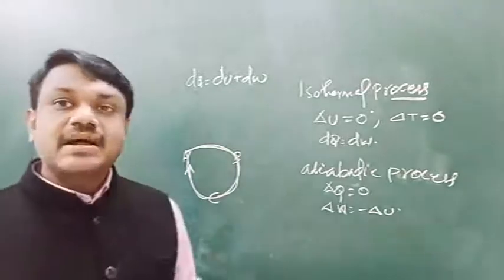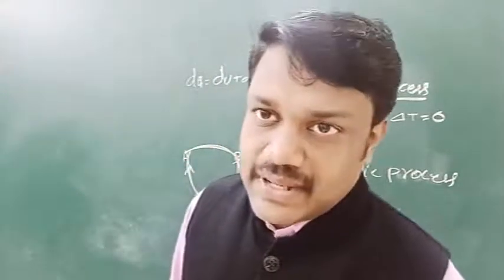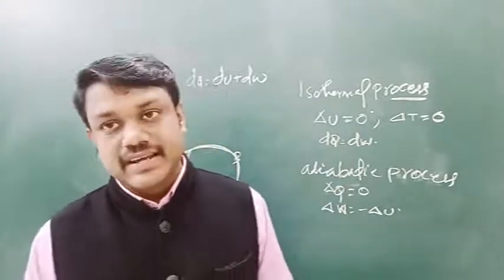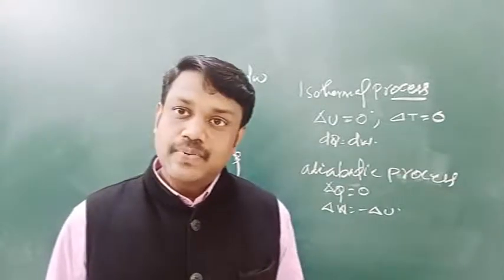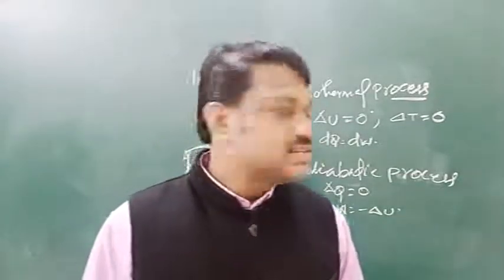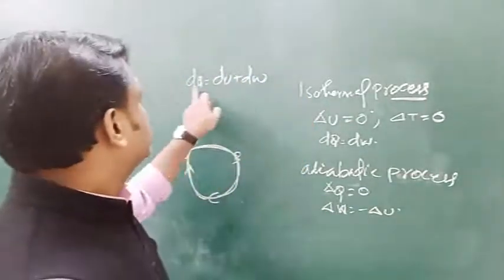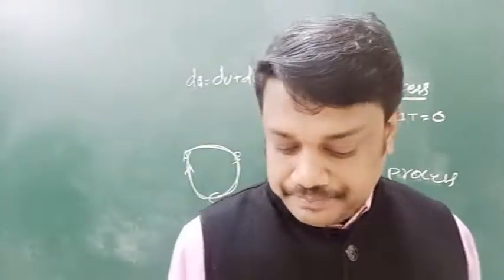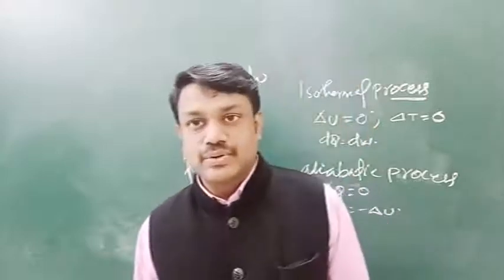It starts from a state and comes back to the same state, which means there is no state change at all, so there is no change in internal energy. So delta U will become 0, and delta Q is equal to delta W.